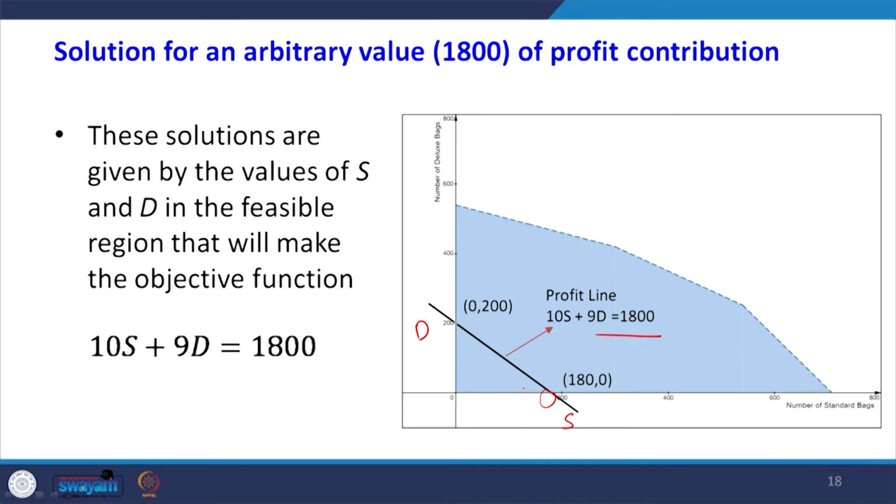In this equation, if I substitute S equal to 0, I will get the D value. If I substitute D equal to 0, I will get the S value. So that is 180 comma 0 for one value, then 0 comma 200 is another value.